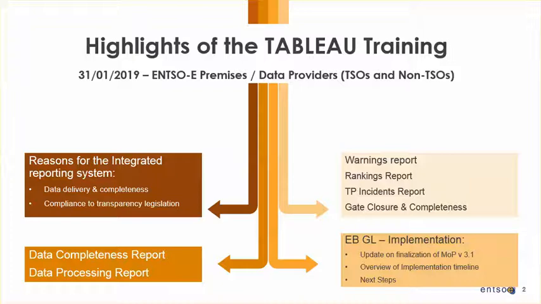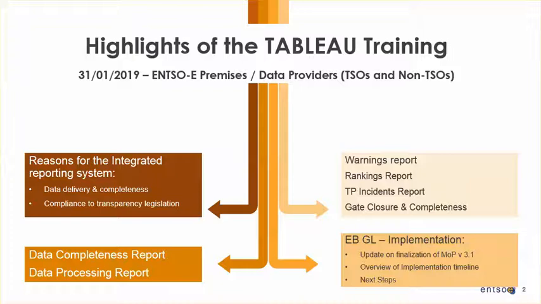So today we're going to be talking about all the various types of reports that we can actually generate with this integrated reporting system. The data completeness report, the data processing report, the warnings report, rankings report, TP incidents report, and the gate closure and completeness reports.